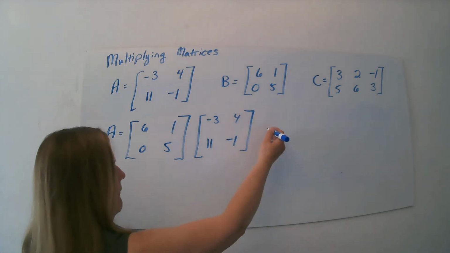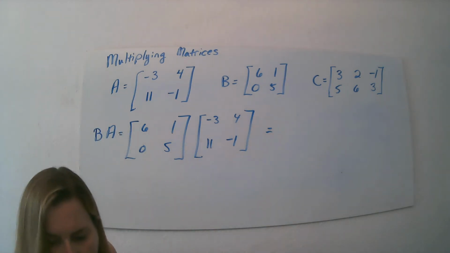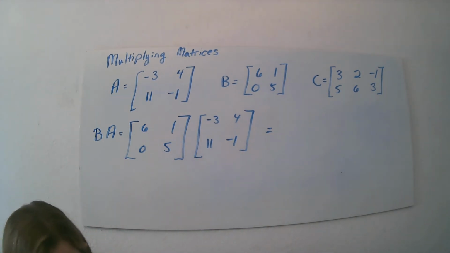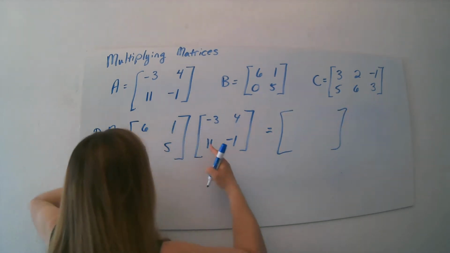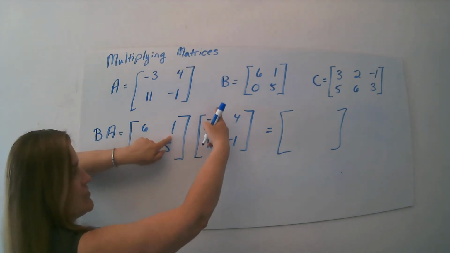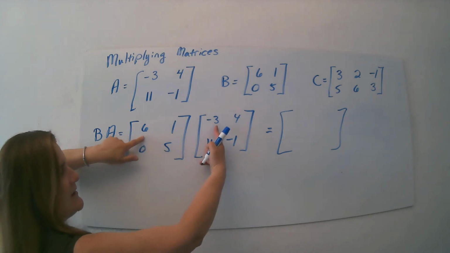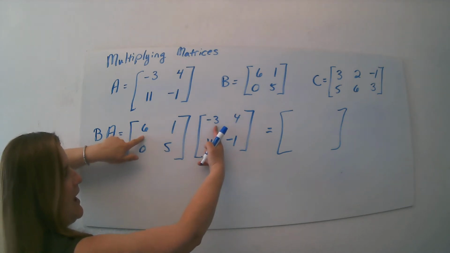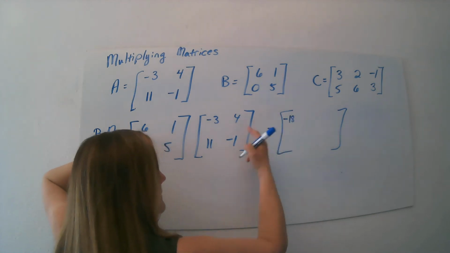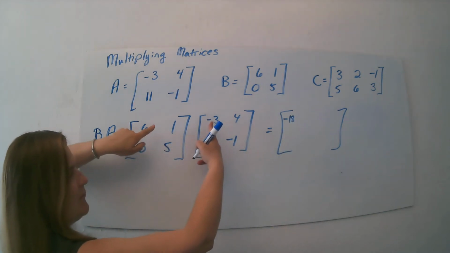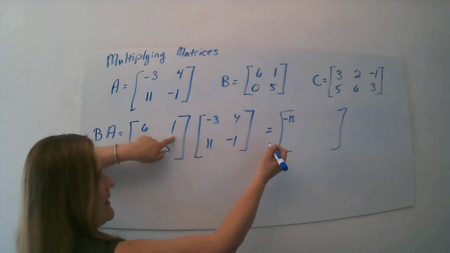So here we go. We're looking at first row, first column. 6 times -3, I'm just going to write that as -18. 6 times -3 plus 1 times 11.